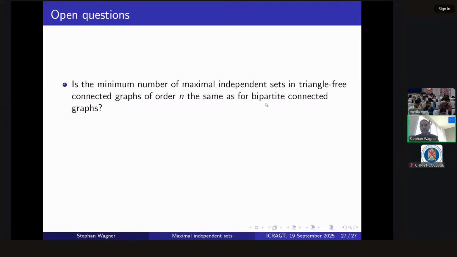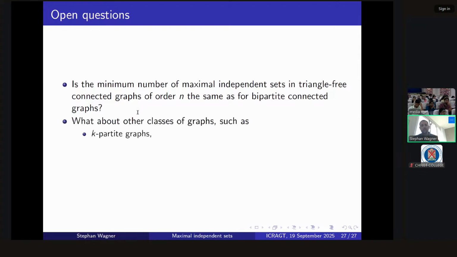Well, we do not know, but it seems plausible from at least our computer experiments that for triangle-free graphs and bipartite graphs, the minimum number of maximal independent sets, provided that my graphs are twin-free, is the same.